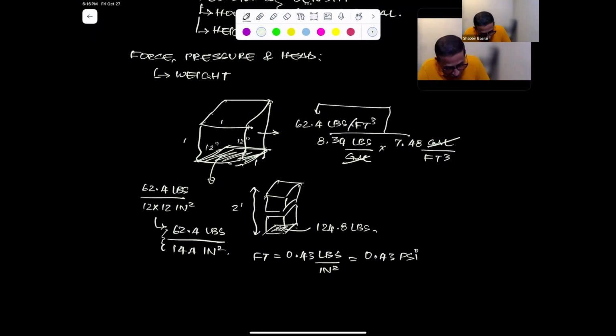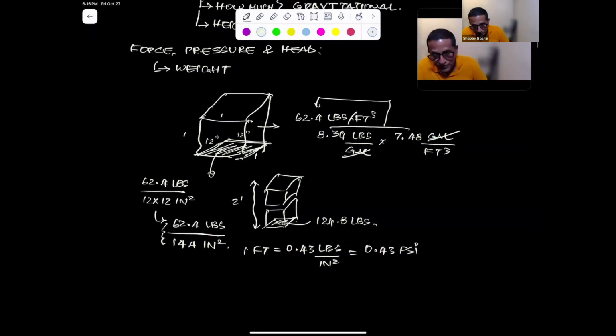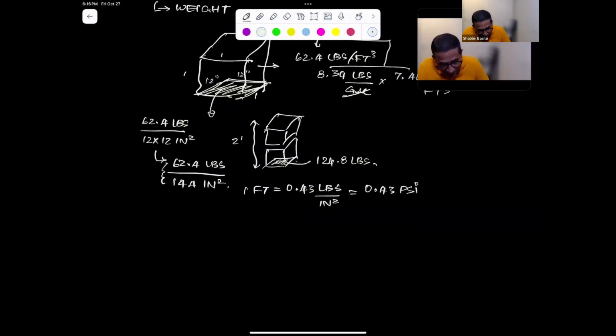So 1 foot of water is equivalent to 0.43 psi, correct? And conversely, 1 psi is equal to 1 over 0.43, right? So this is going to equal 2.31 feet. Does that make sense? Yes.